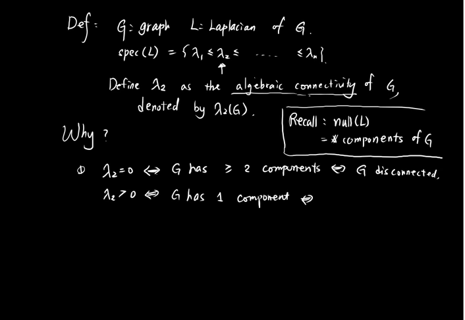And this means G is connected. Okay, so you can tell from lambda 2 whether the graph is connected or disconnected. So that's one of the simple reasons that it is called the algebraic connectivity, because you just look at lambda 2, then you know whether the graph is connected or not.